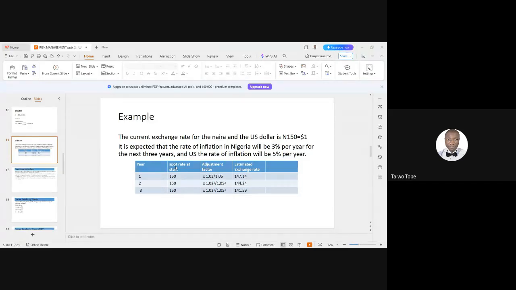You can decide to enter into a contract and hedge against that money, so that when it is paid to you, you've already guarded against fluctuations that might affect it. So a forward contract is a binding agreement to sell or buy an agreed amount of currency at a specified future date at an agreed exchange rate.